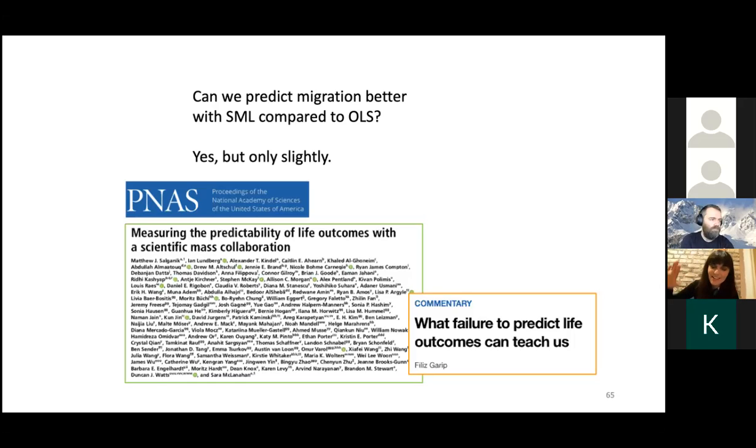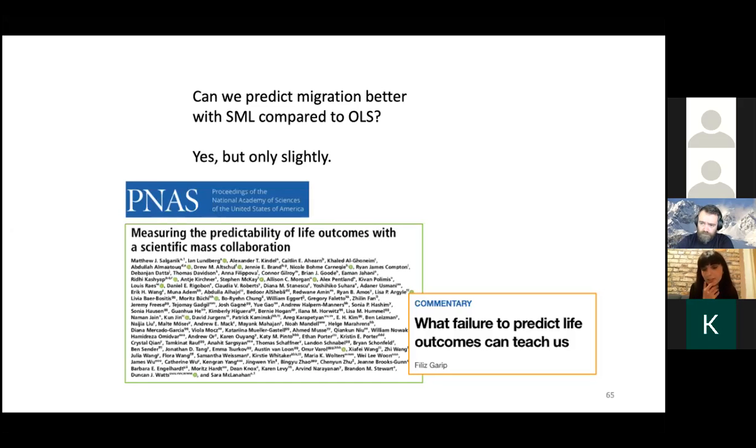So they treated that as held out data, and they gave people past data to train and validate their models. And 160 teams competed in this effort. So basically what they found was, regardless of the ML method that they used, the predictions were not good, and they were not better than a simple OLS model with expert-chosen indicators.